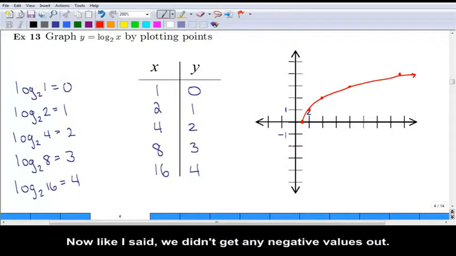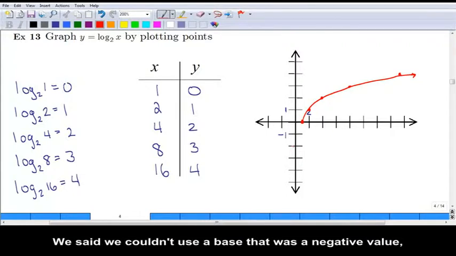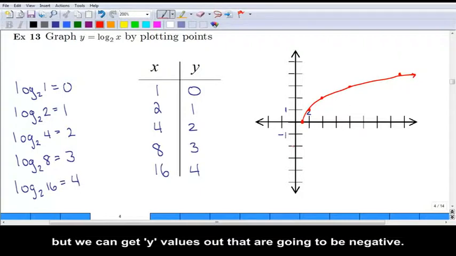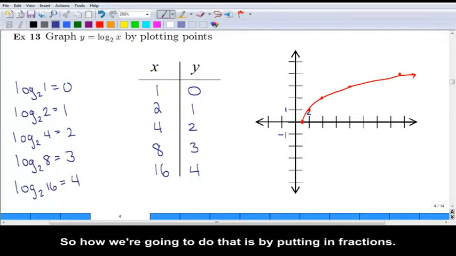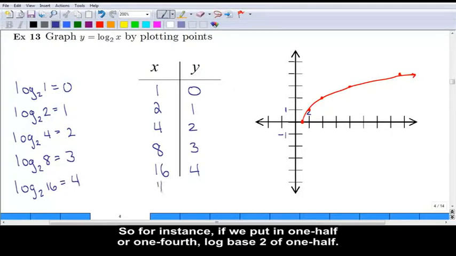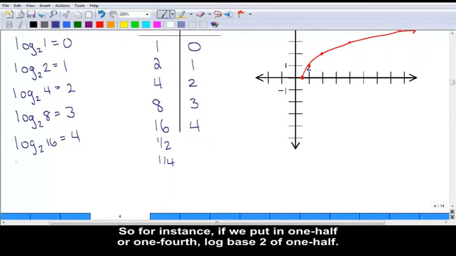Now, like I said, we didn't get any negative values out. We said we couldn't use a base that was a negative value, but we can get y values out that are going to be negative. So how we're going to do that is by putting in fractions. So for instance, if we put in 1/2 or 1/4, log base 2 of 1/2.